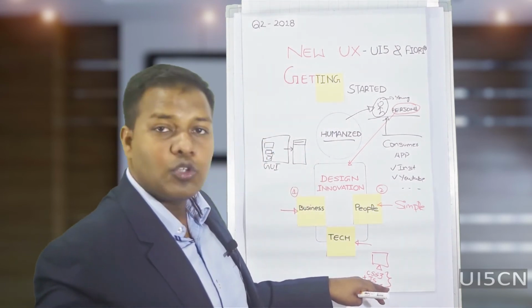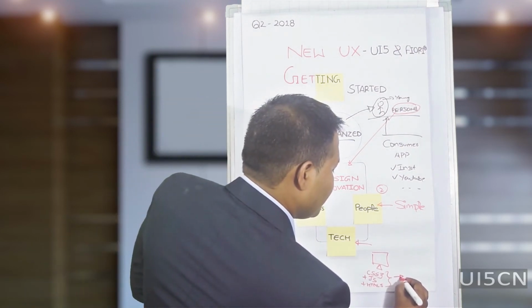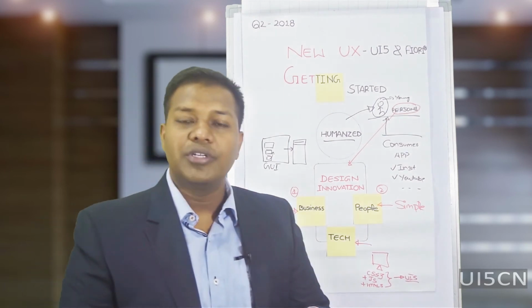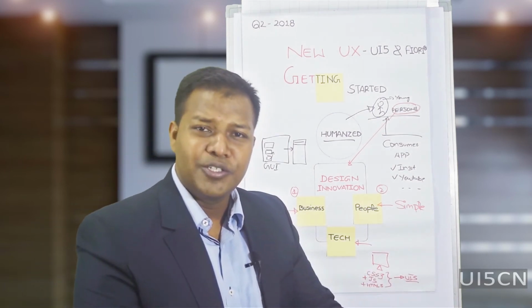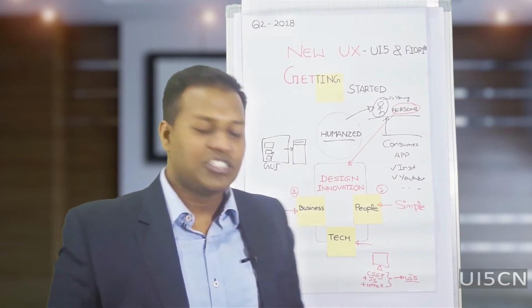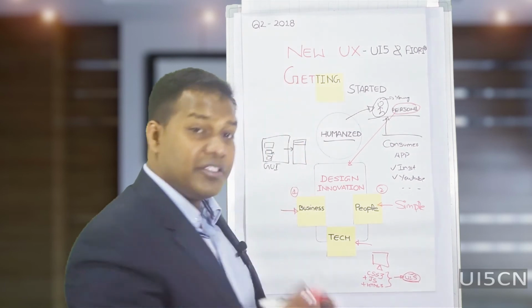I can make use of existing frameworks like jQuery and build something called the UI5 framework, where I define my own components so my developers don't have to work very hard to start development from scratch. That is where the technology enablement is required.